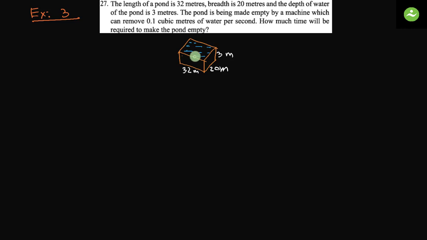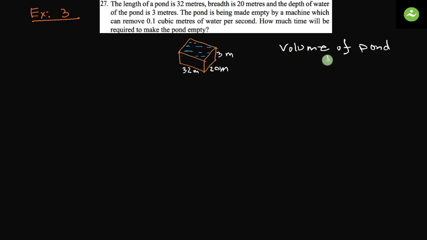Now we need the volume of water actually. So how do we get the volume of water? We can easily find the volume of pond, because we have the length, breadth and depth.